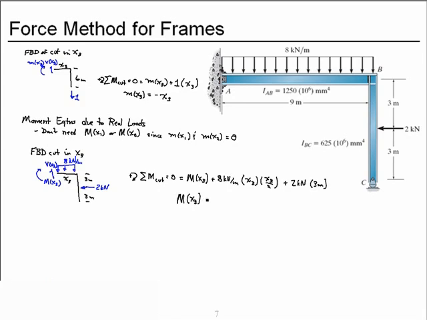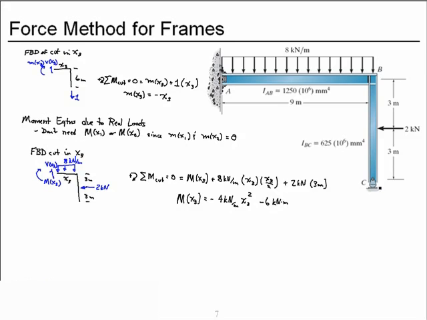In the real moment, in the primary structure or released structure, Mx3 is minus 4 kilonewtons per meter x3 squared minus 6 kilonewton meters.